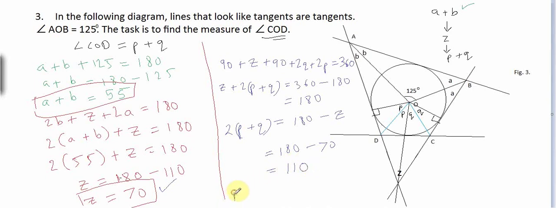So P plus Q is 110 divided by 2, which is 55, and hence angle COD is 55 degrees.